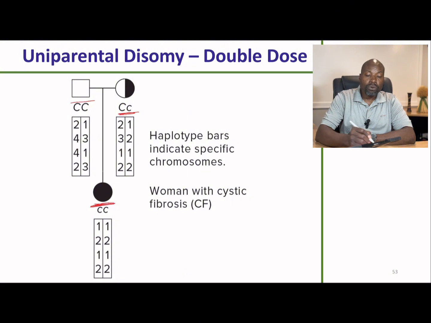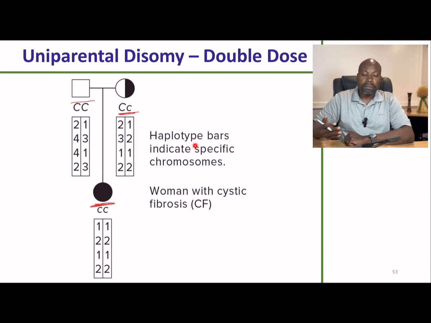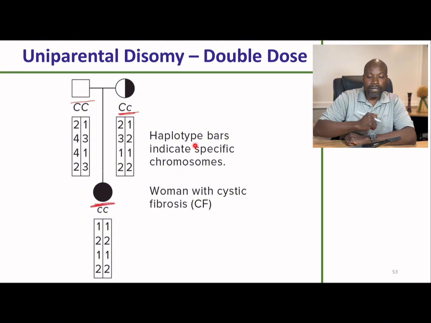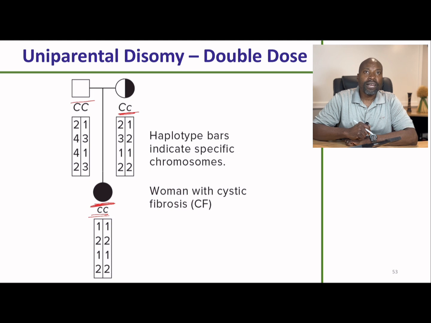Because the chromosome of mom that carried the recessive allele for cystic fibrosis got doubled and ended up in an egg cell that ended up being fertilized so that the daughter has cystic fibrosis. Interesting things happen in genetics, believe it or not.